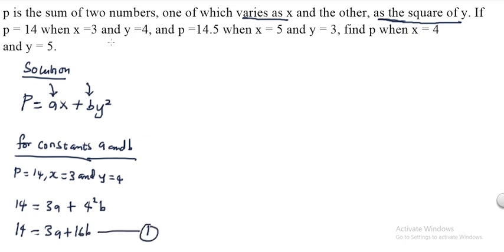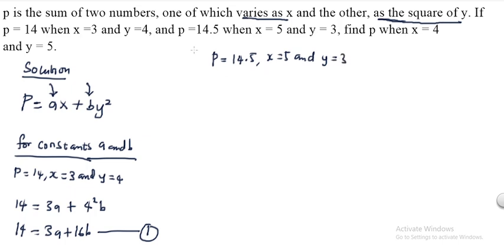The second information that we're given that can help us find the value of A and B is that we are told that P is 14.5 when X is 5 and Y is 3. So we know that when P is equal to 14.5, X is equal to 5 and Y is equal to 3.